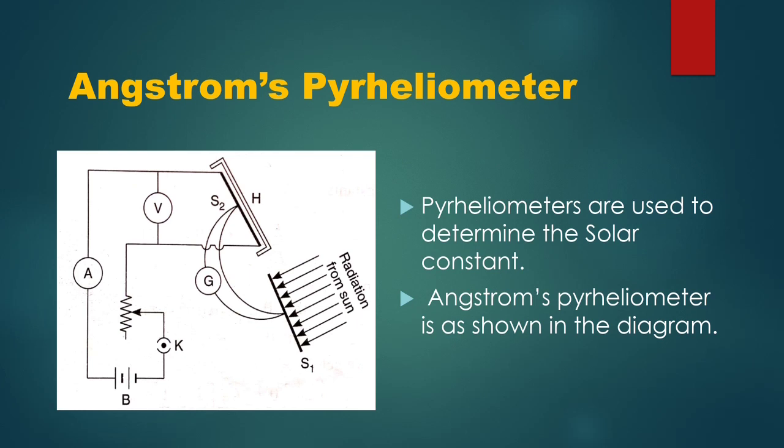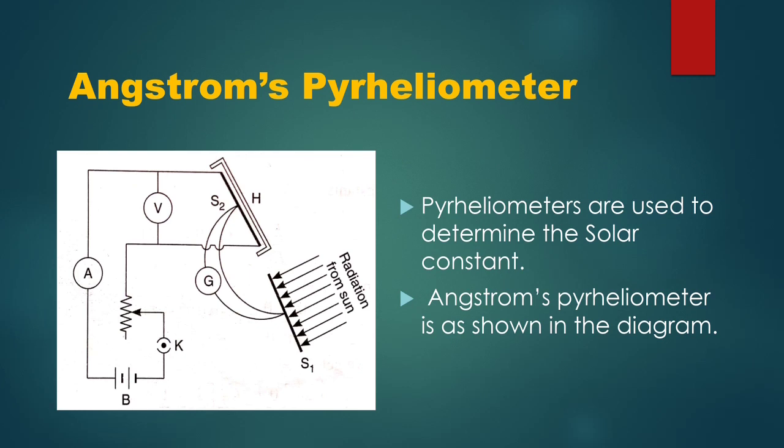To make the null deflection in the galvanometer, the temperature of the strip S2 is raised by the electric heating method. To heat the strip S2, a battery is connected. By adjusting the current in the circuit such that the galvanometer shows zero deflection, at this point the strips S1 and S2 are at the same temperature.